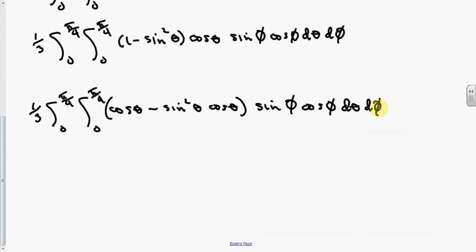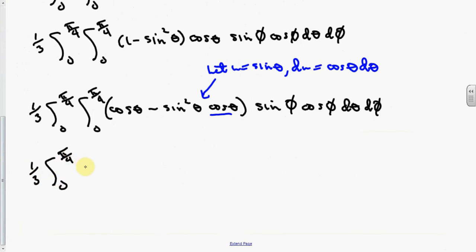Now let's integrate with respect to theta. Now for this one, let u equal sine theta, and du picks up the cosine theta right next to it, d theta. So this is 1/3 integral from 0 to pi over 4. Integrating with respect to theta, the integral of cosine is sine theta.